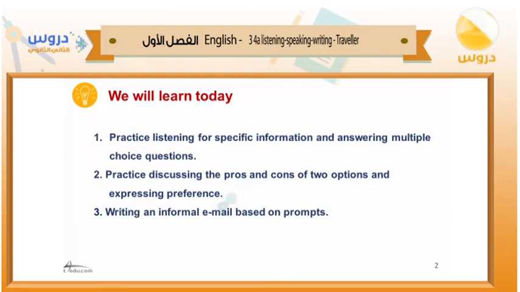And finally, we have some writing, and we're going to write an informal email based on prompts. So you'll see some prompts, some charts, maybe a photo, and use it to write an informal email. And there will be an outline for you, so you will have major benchmarks to choose from to know how to write an informal email.